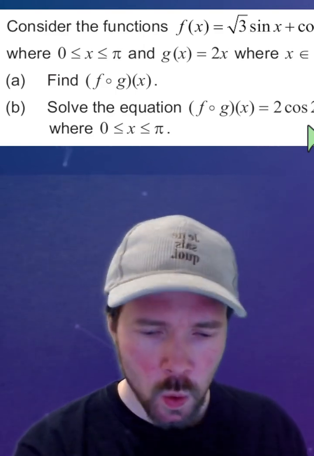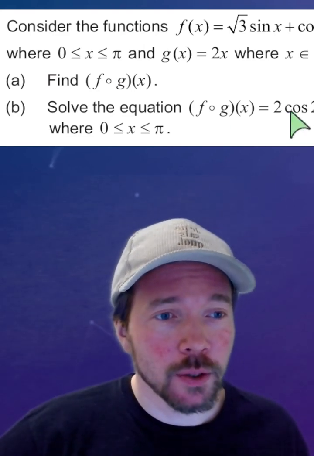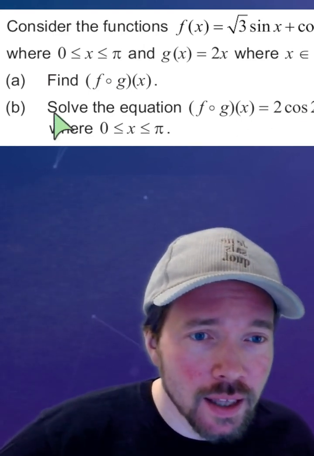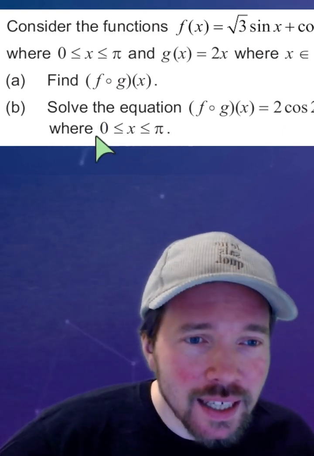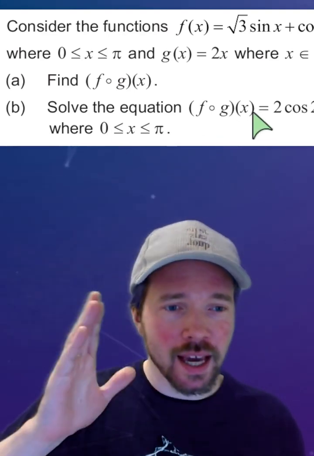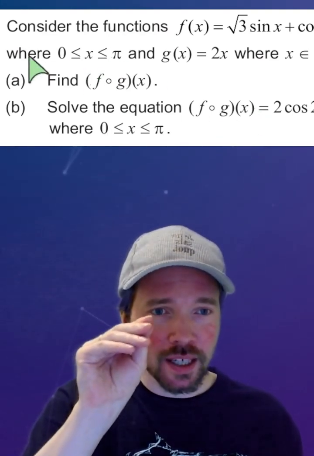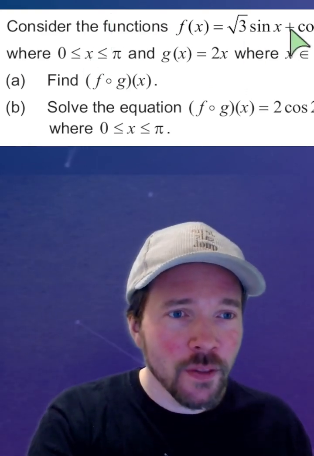Here they're saying that x would be between 0 and pi. If x is between 0 and pi, this function, I say, is not defined, because here also they say that x is between 0 and pi for f.